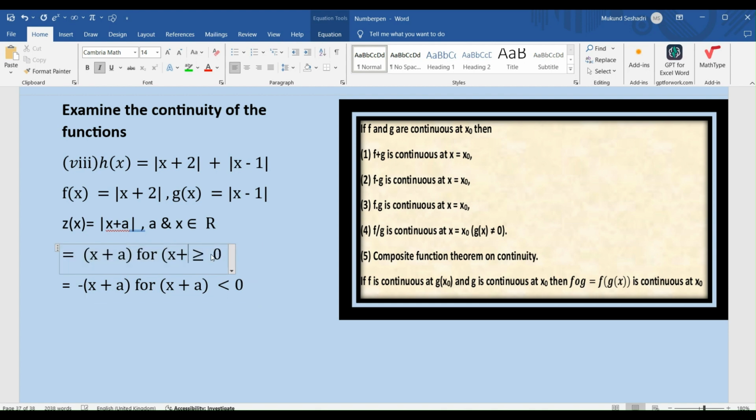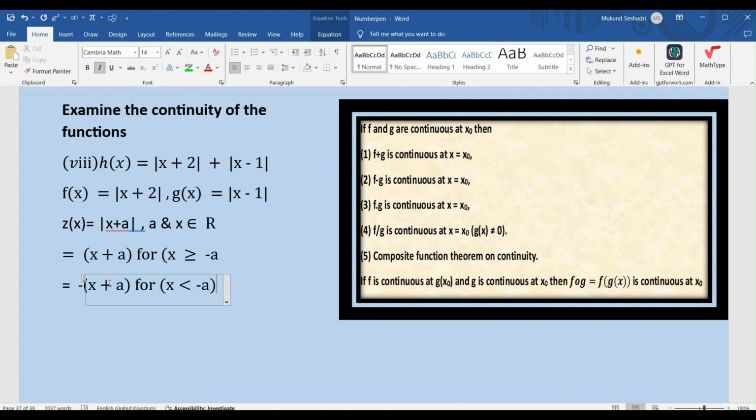So what is my x plus a greater than or equal to 0? Allow me to rewrite this here. It is nothing but x greater than or equal to minus a, right? And what is my x plus a lesser than 0? It is nothing but x is lesser than minus a, right?